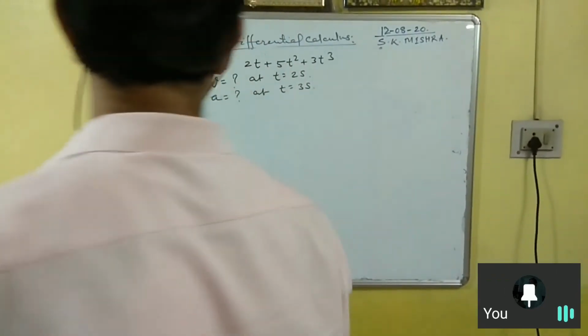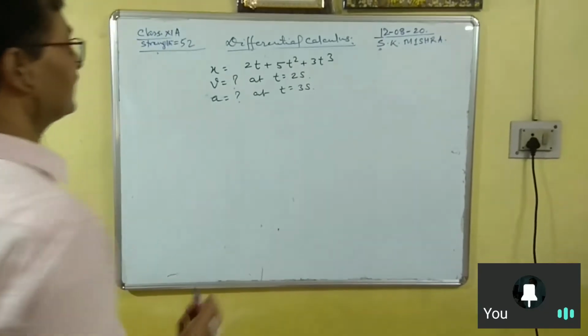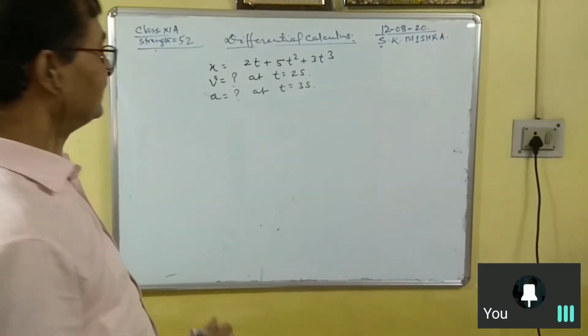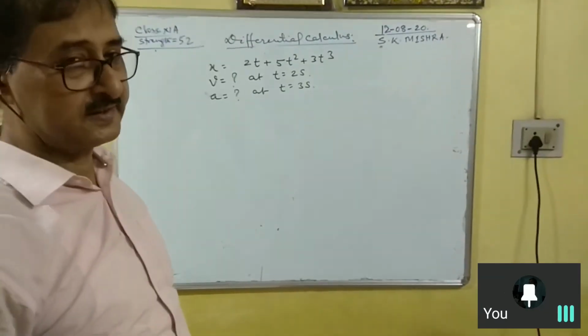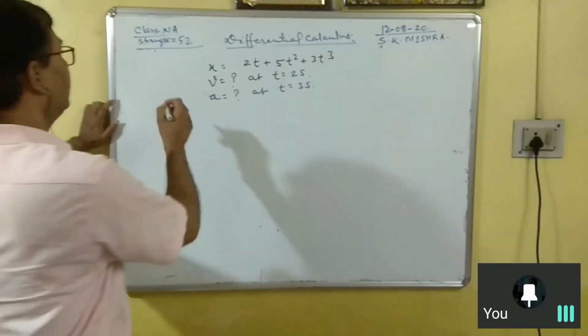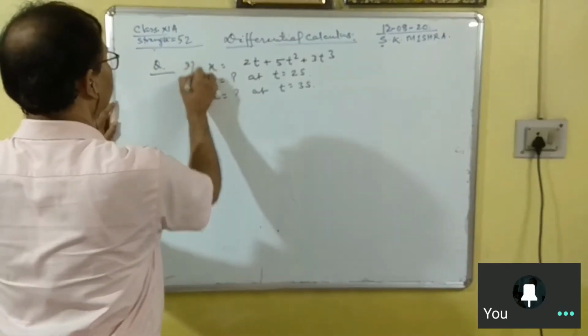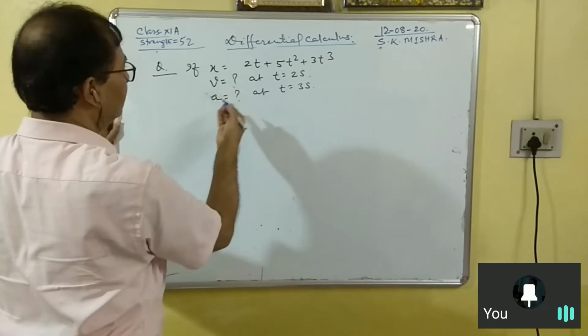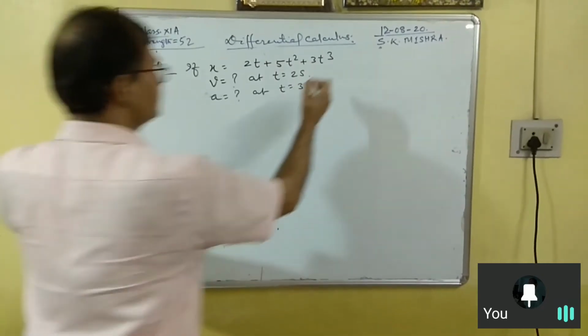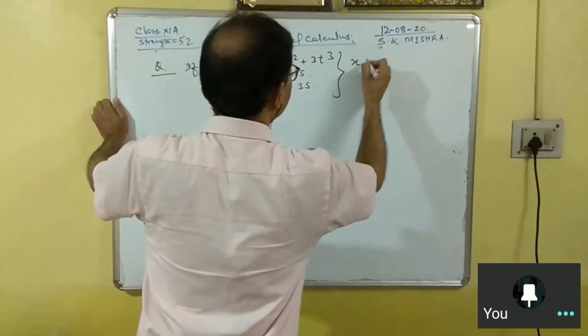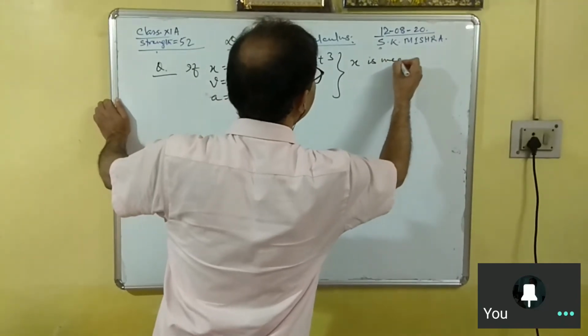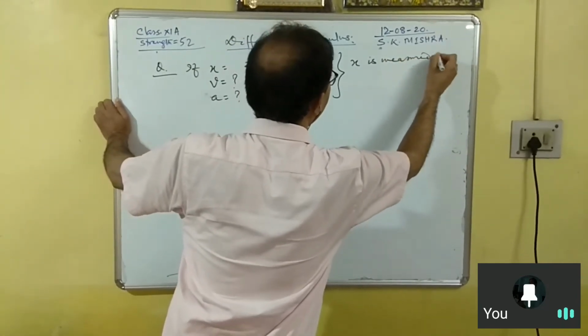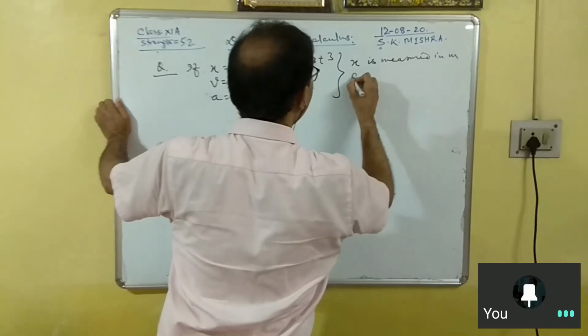So initial velocity, velocity at t is equal to 2 seconds, acceleration at t is equal to 3 seconds. Now the simple formula: x is measured in meter and t in second.